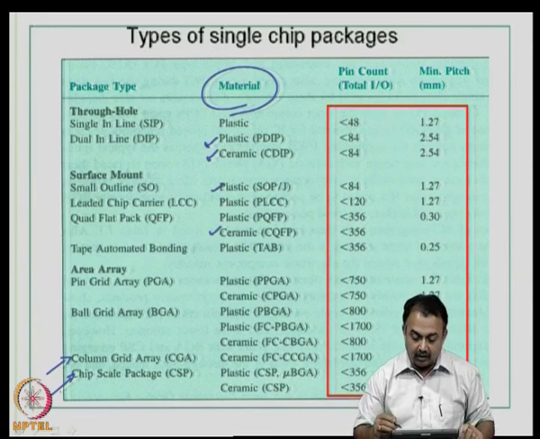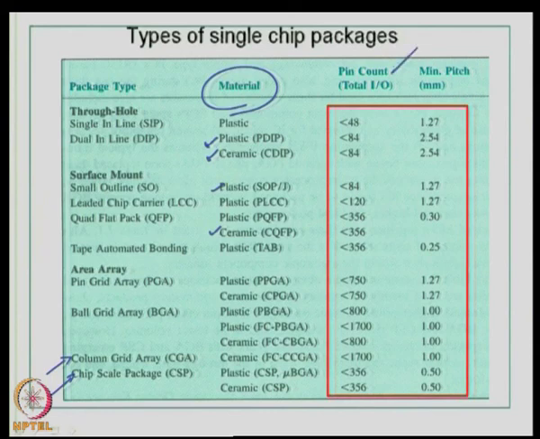So, the other two columns here will indicate to you the typical pin count or the total IO that you can probably see are available in the market today, and this also gives minimum pitch. So, you can see minimum pitch starts from 2.54 mm to something like 0.5 and lower than 0.5 today in terms of QFP 0.3 and so on. 0.3 is also available in BGA CSP formats today.